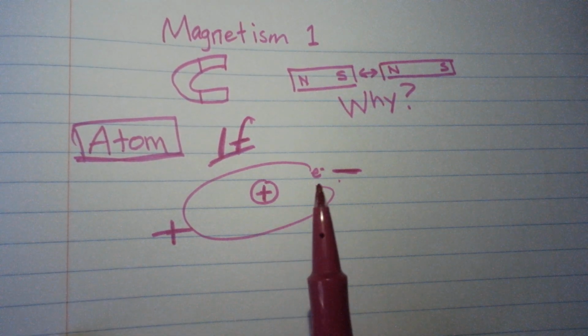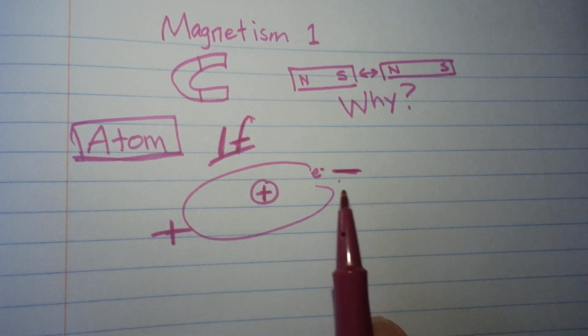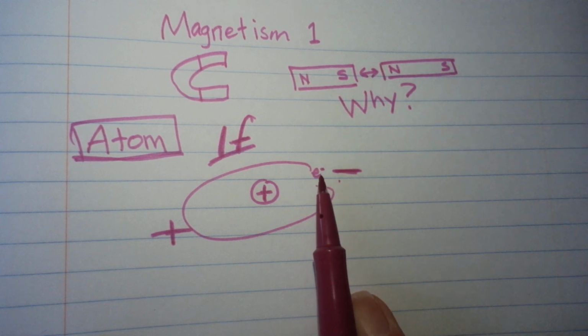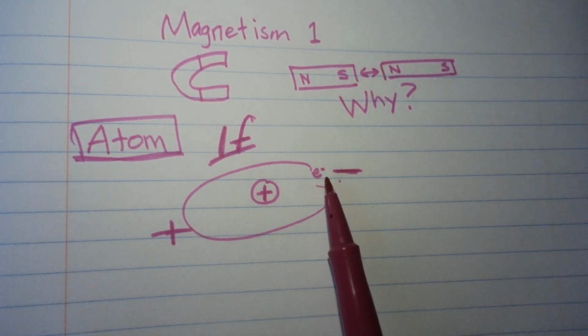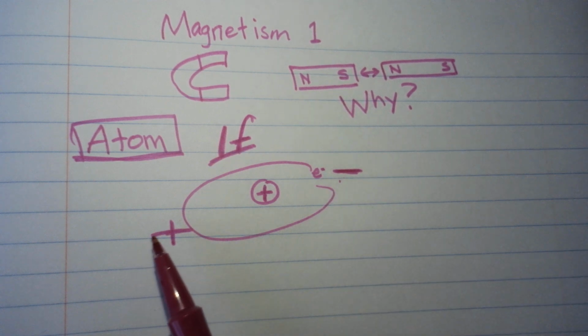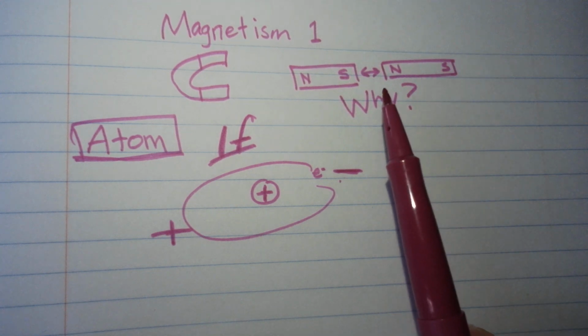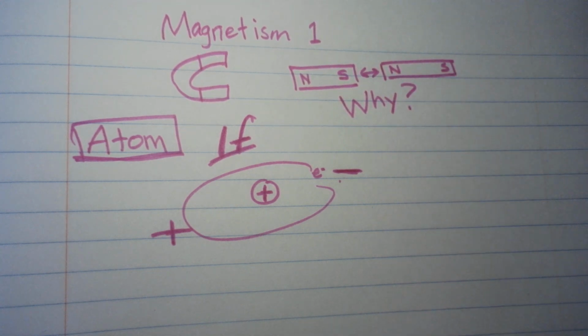Now, what you might not also know is that these electrons have teeny little charges in them as well. Okay? We're going to get to that here in a second. But if the atom for a moment can have a negative side and a positive side, doesn't that kind of look like a magnet with a north and a south pole?